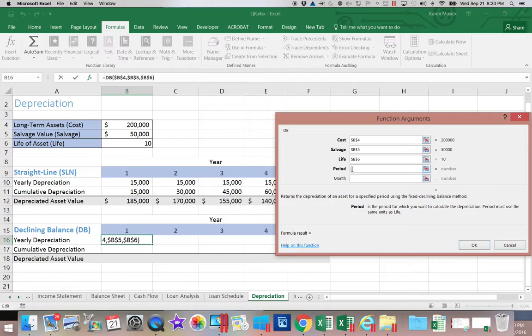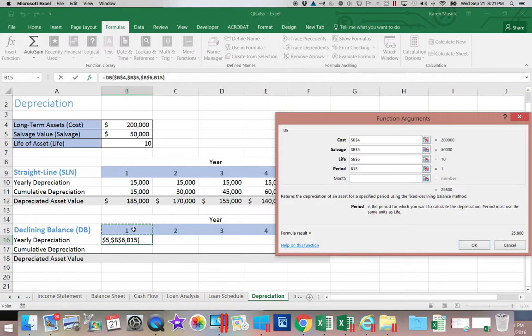Now if you're trying to calculate annual and monthly depreciation, we can use that month column as well, but we're not going to be doing monthly, we're only going to be doing year. And you can see what year it is by the number right above.